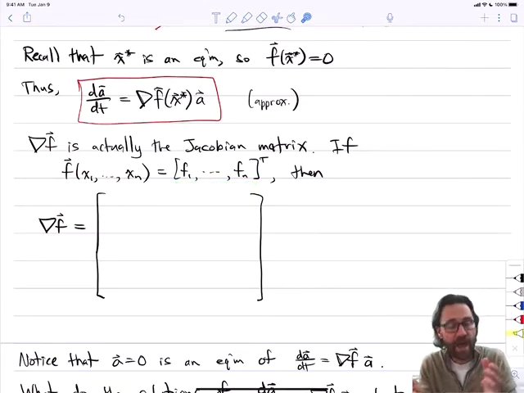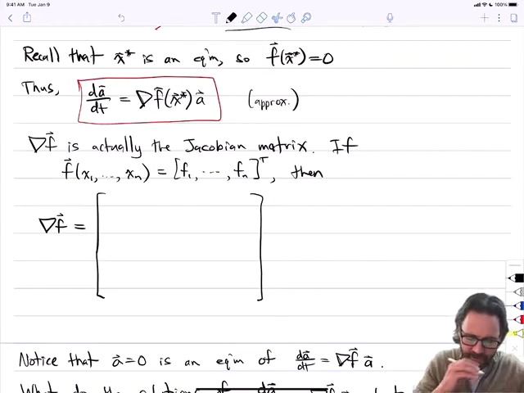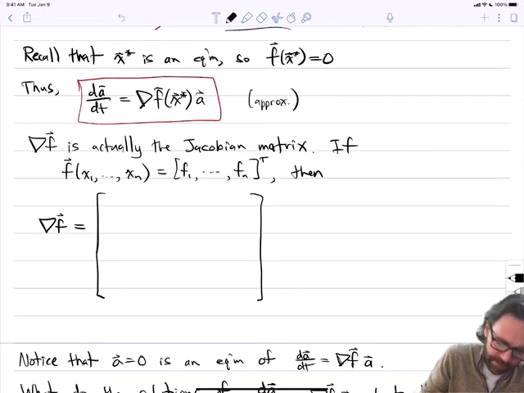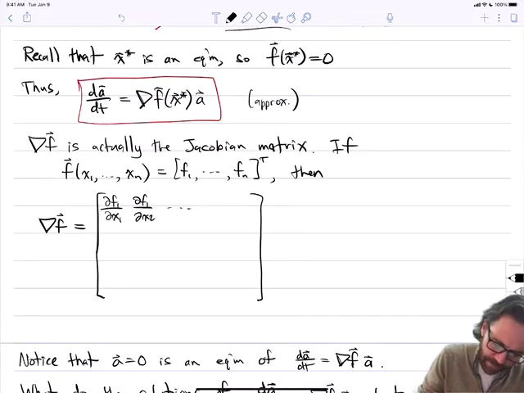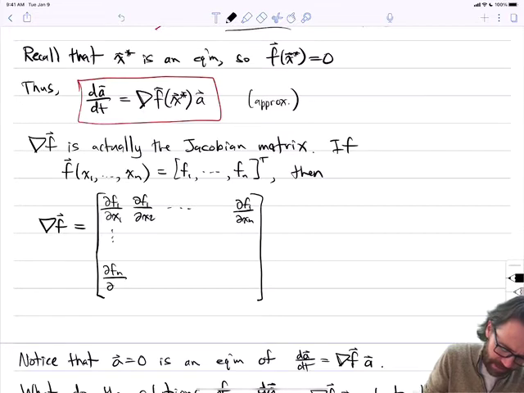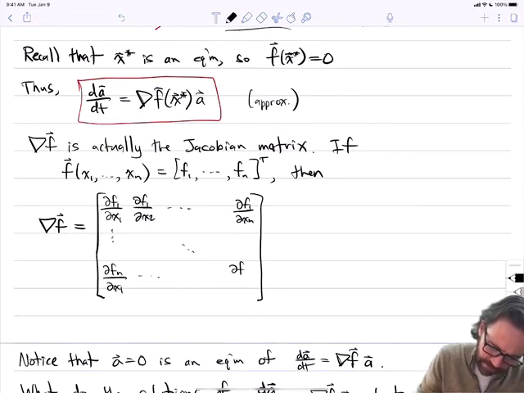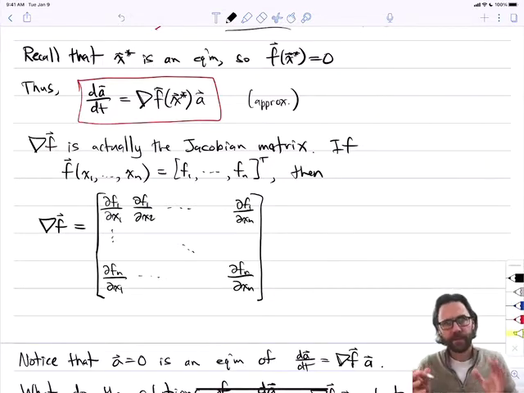So I have n output functions in this case. And each one of those f's is a function of all those x's. So the Jacobian is basically putting them all together. So df1 by dx1, df1 by dx2. So these are partial derivatives. Df1 by dxn. And work our way down, dfn by dx1. And down here to finally dfn by dxn. That's the Jacobian matrix.